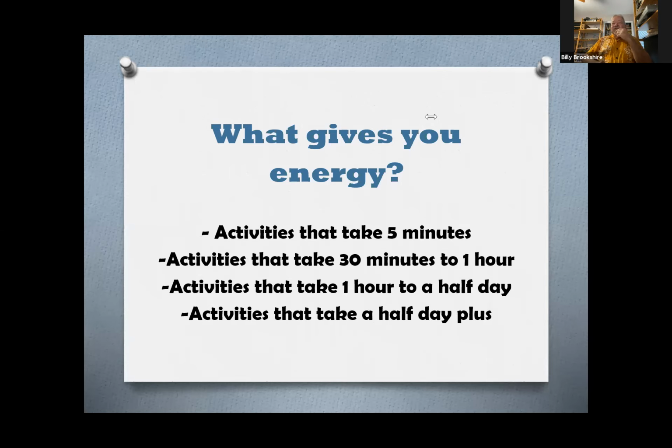All right, now let's do the second part. Look at the second quadrant. This is 30 minutes to an hour. List things that you can do in 30 minutes to an hour that give you energy. Anything you want to come up with. Becky says cat nap. Helene says walk. Brenda says walk. Workout for Kim. You guys like to walk.